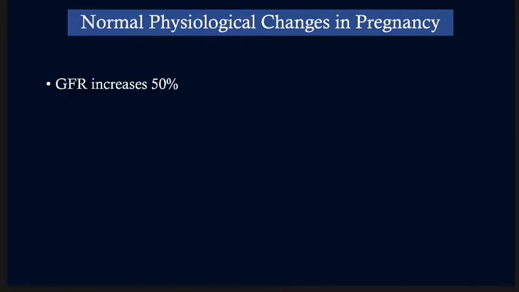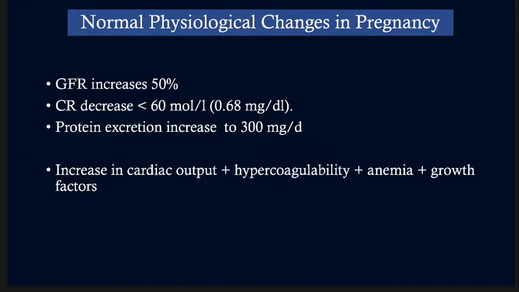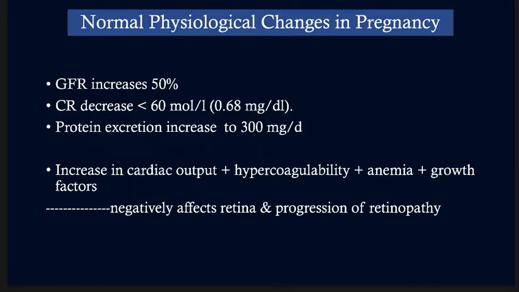So what's happening in the other organ systems? We know that GFR increased due to plasma volume increase, and the whole circulation actually is increased by 50%. Due to the increase of GFR, we have a decrease in creatinine levels, and protein excretion might increase up to 300 milligrams per day. So this is all physiological, what we expect.